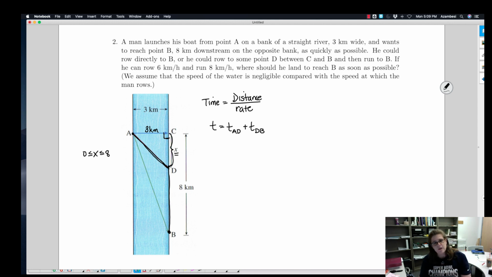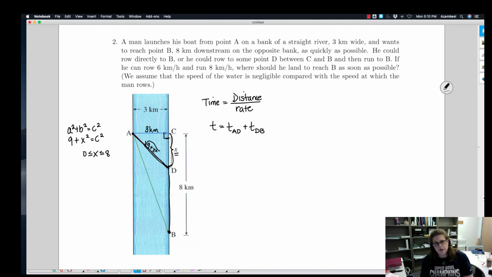So we can actually figure out the length of that hypotenuse. By the Pythagorean theorem, a squared plus b squared is equal to c squared, with c being our hypotenuse, then we know that 9 plus x squared is equal to c squared, which gives me that the length of this side is the square root of 9 plus x squared.